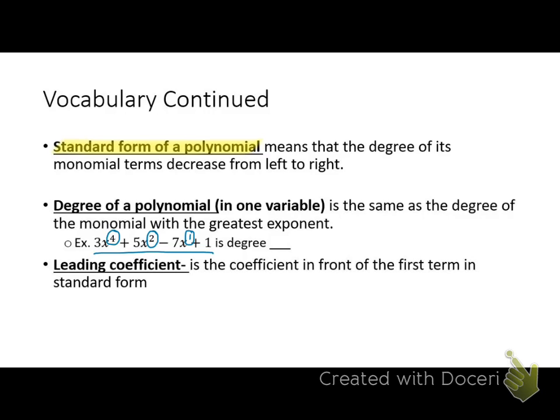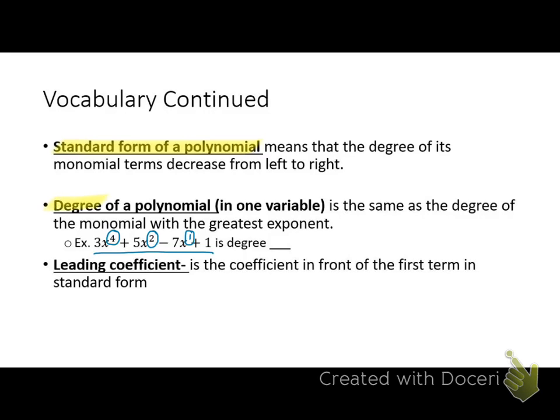It doesn't have a variable, and so it is degree 0. Okay, and so that one is in standard form because I went 4, 2, 1, 0. I didn't have to have a degree 3, okay, but it did let me go, and I decreased from left to right in that order.